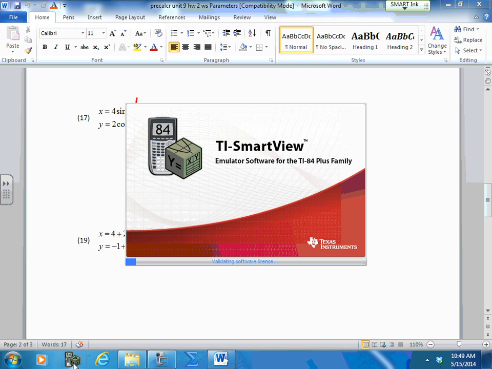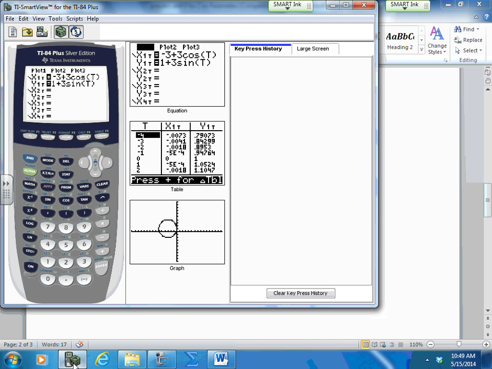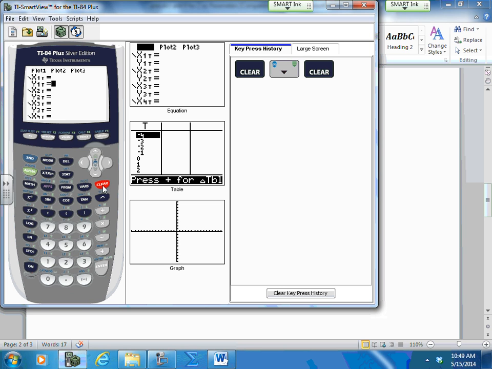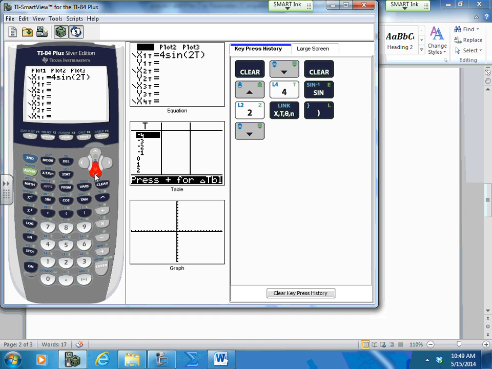So as soon as you hit that theta sign with your parameters, it'll be a t. Hit that up there because it's really your t. All right, so let's put this in. I have 4 sine 2 theta, and as soon as you hit this, that's your t, that's your parameter. And I have 2 cosine 2 theta.